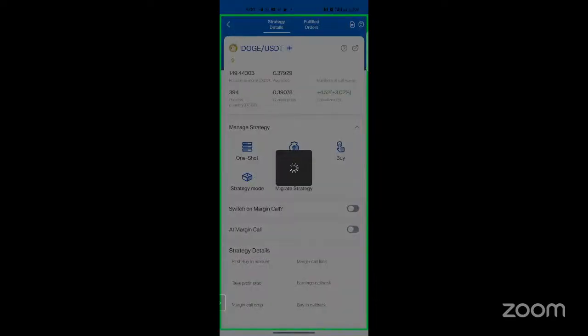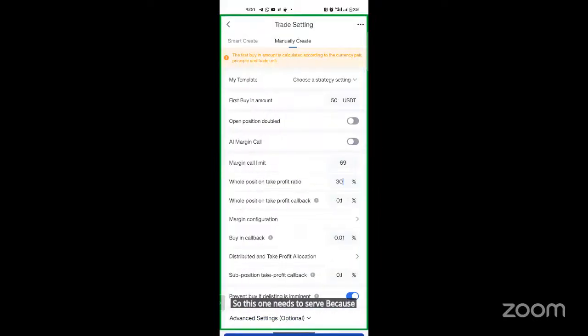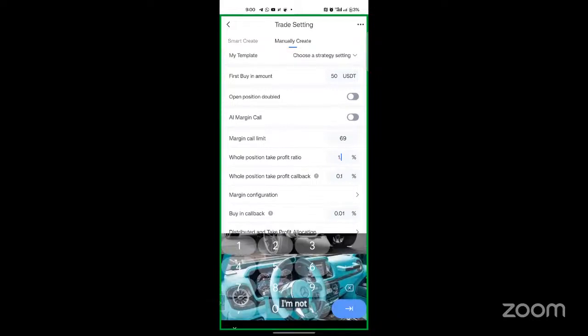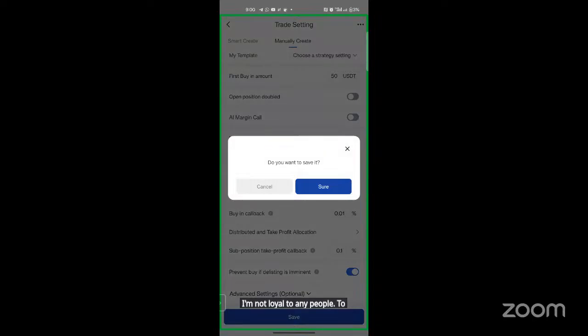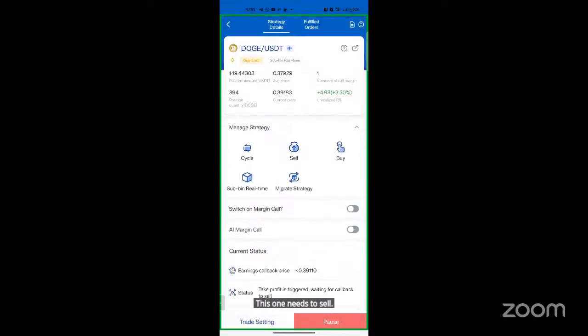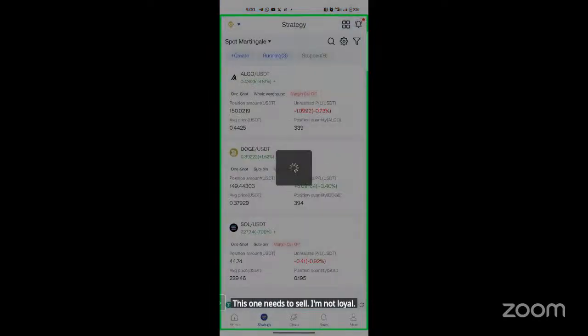This one needs to sell, because me, I'm not loyal to any cryptocurrency. Nobody should tell me to be loyal.